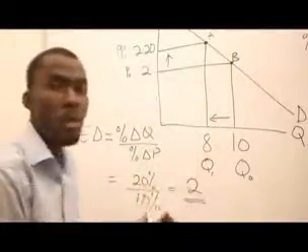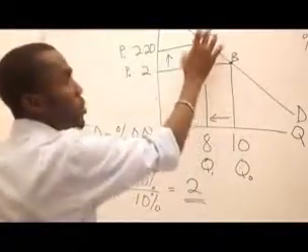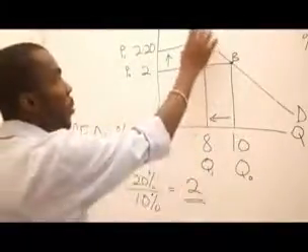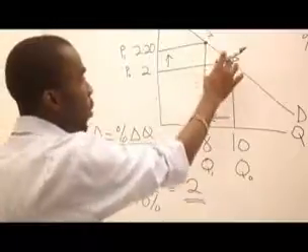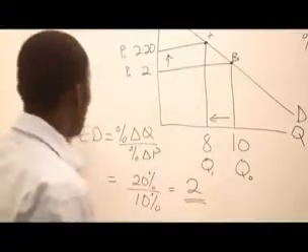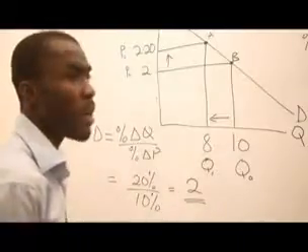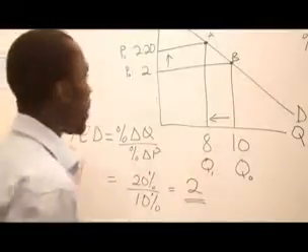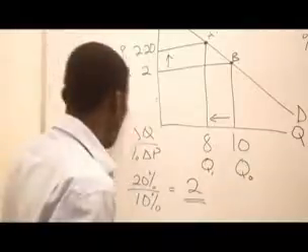However, the problem with this calculation is that you may not get the same result when you move from point A to point B. So let's try and see what will happen with that and give ourselves a better formula to calculate our price elasticity of demand.